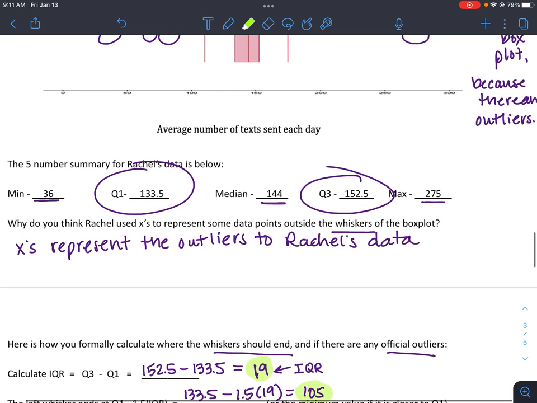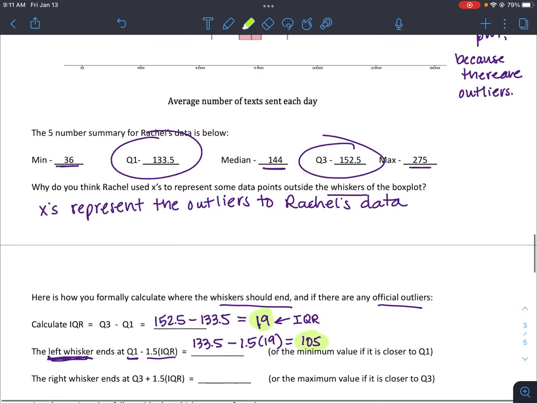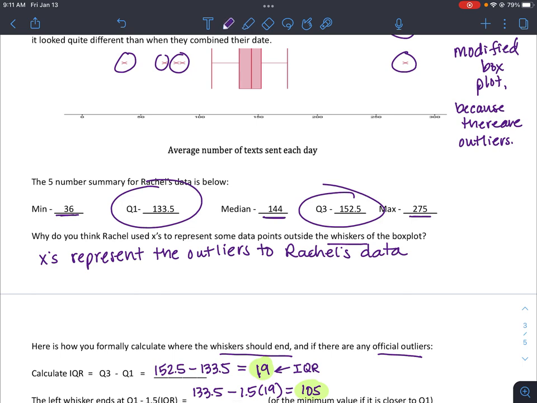Okay, and if you look up here, you can see 105, or on your other page, I apologize, you have to flip back and forth. This is at 105. That is where they're saying, hey, if you do this formula to figure out an acceptable range, anything smaller than 105 is considered an outlier.